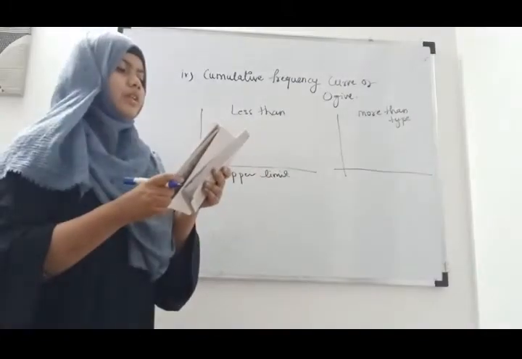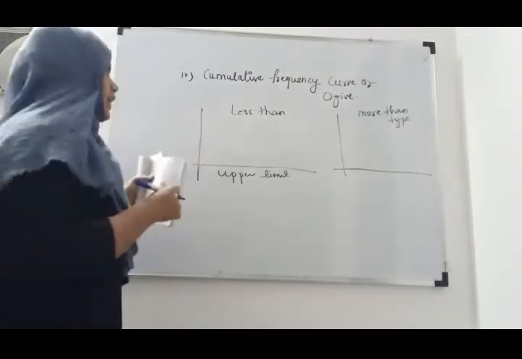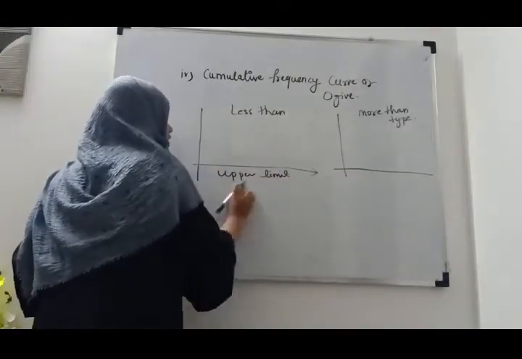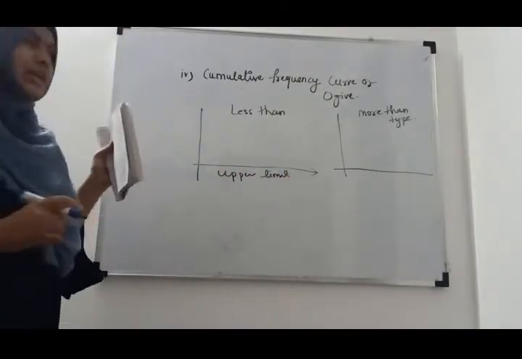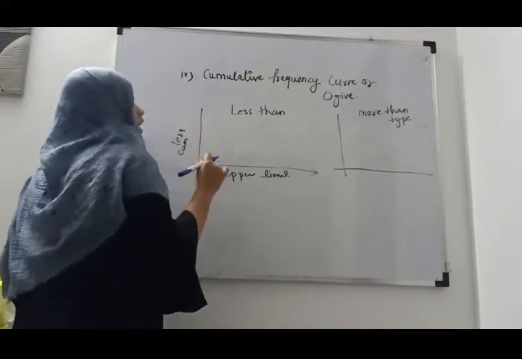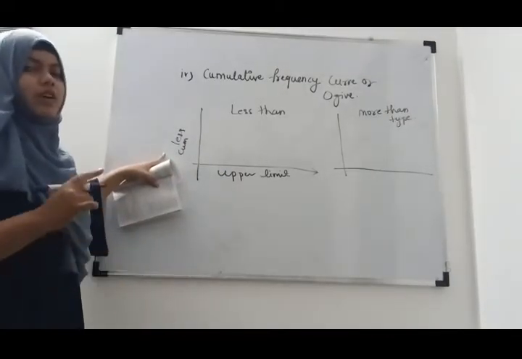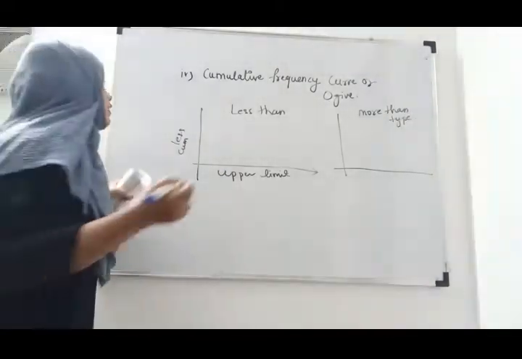And less than cumulative frequencies on the y-axis. Okay, so on the x-axis you have to take the upper limits, upper boundaries and the less than cumulative frequency. Till now we were taking frequency on the y-axis, but here in this type of graph we have to take the less than cumulative frequency.